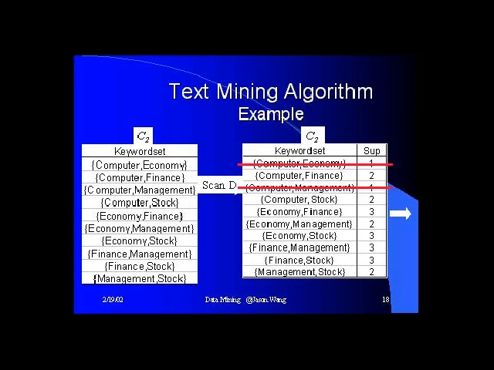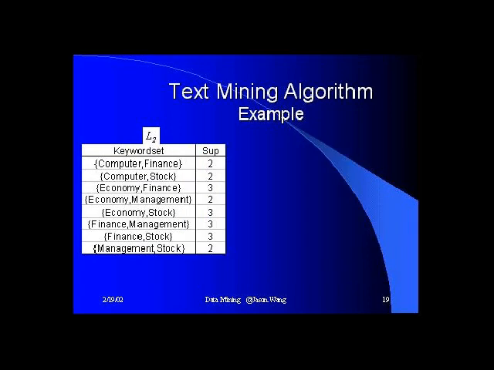The next job is to generate 3 keyword sets. Once again, you sort these keywords and append them to each 2 keyword set one by one. So I get the following 3 keyword sets, and I scan the database again and get the following support values.